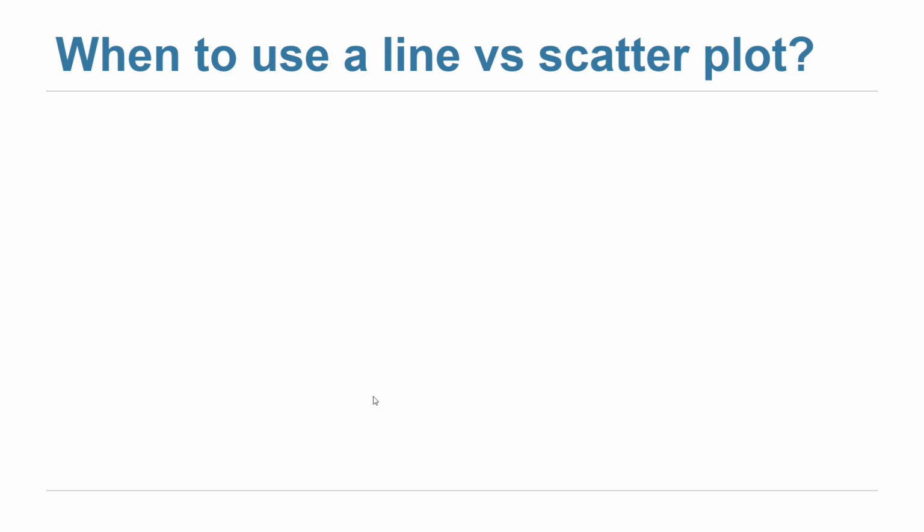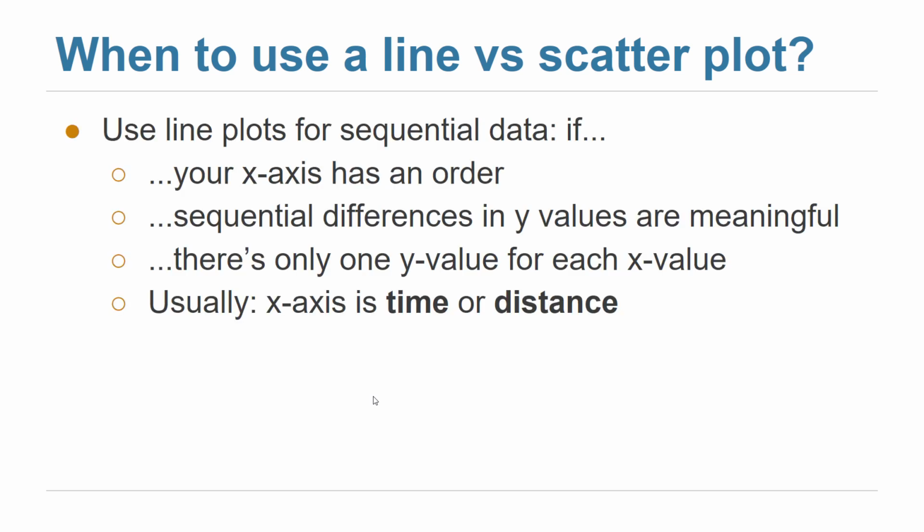Now, when to use a line versus scatter plot? As we said, line plots are for sequential data. So if your x-axis has an order, then probably you should use the line plot. And also when the sequential differences in the y-axis are meaningful. What does that mean?